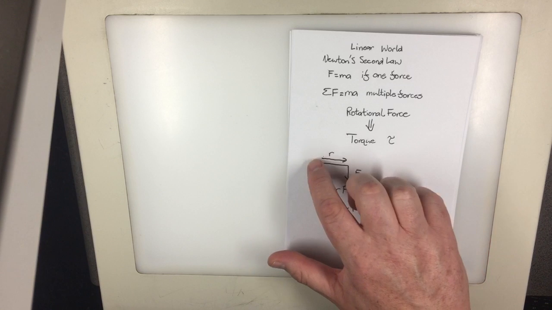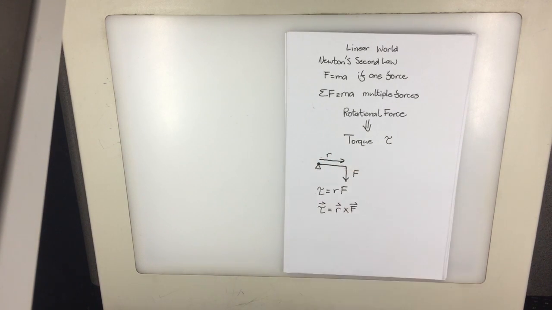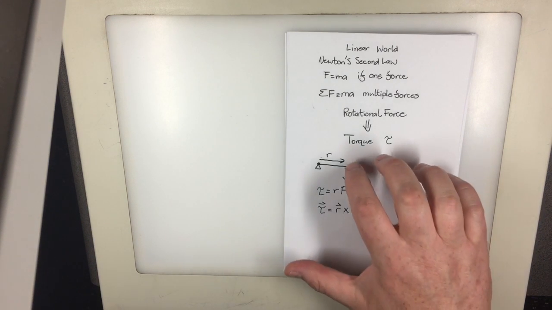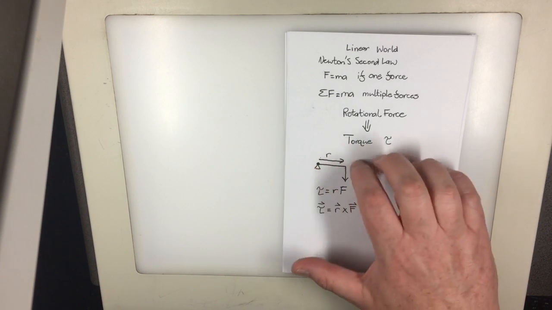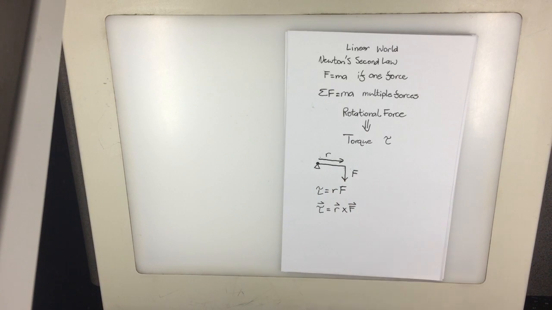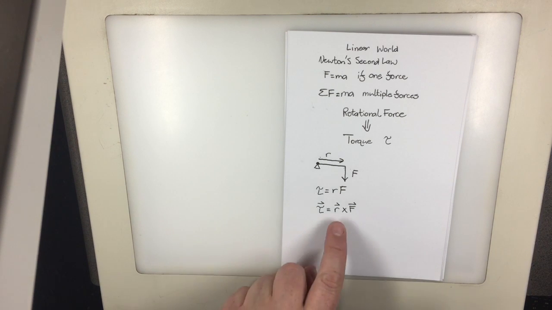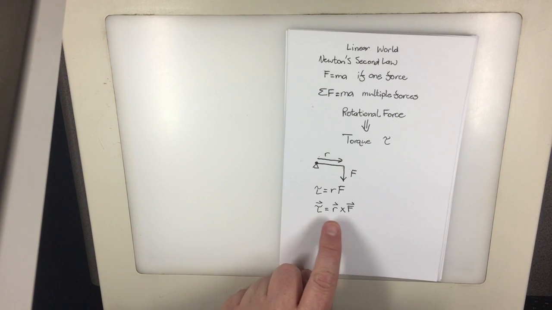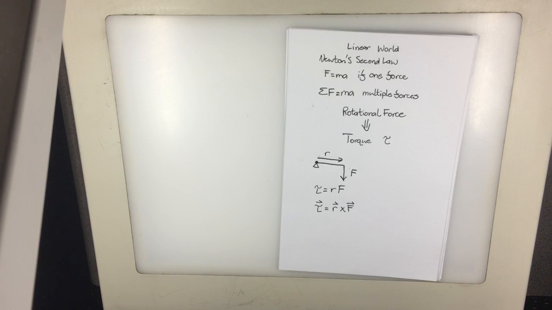The first vector is the vector from the rotation point out to the force, and the second vector is the force out at that distance r, so r cross F. And notice yesterday's lesson, A cross B does not equal B cross A. You have to take the order of these vectors very seriously. It has to be r cross F. If you've got F cross r, then you will get the opposite vector.